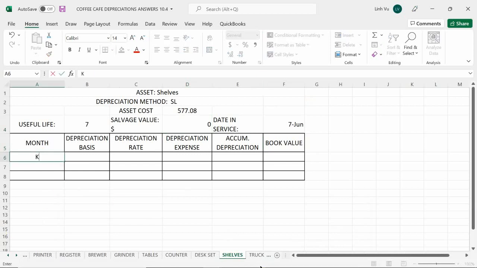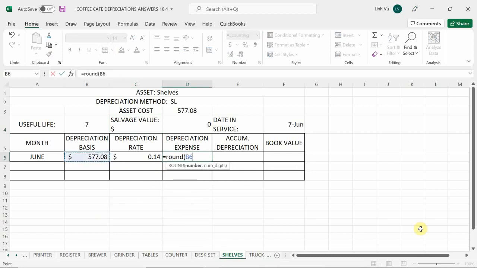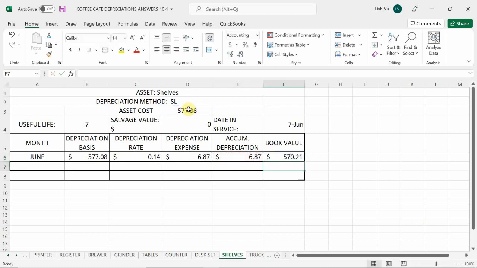So, depreciation basis. So then again, depreciation rate. The depreciation expense is $6.87. Good.